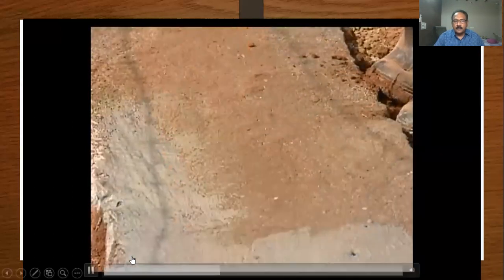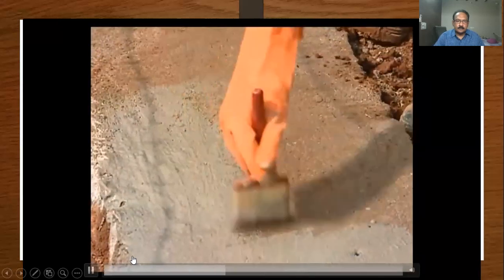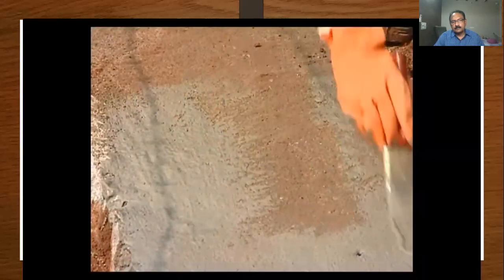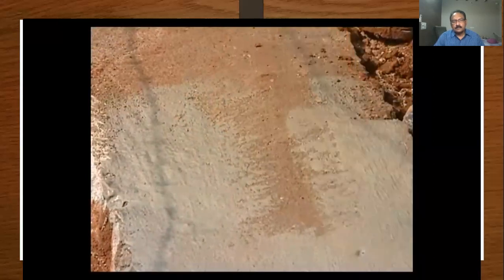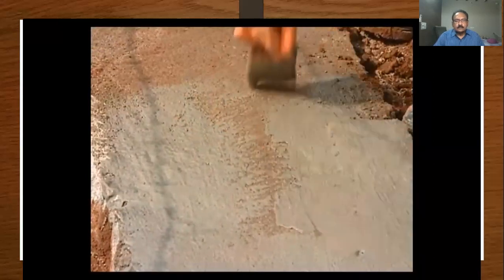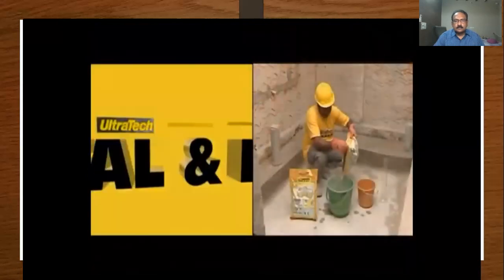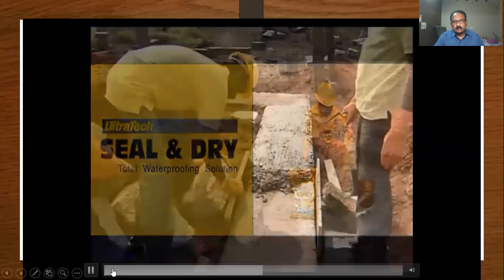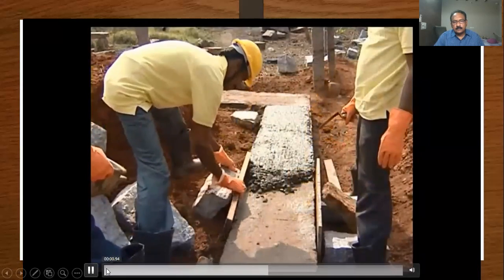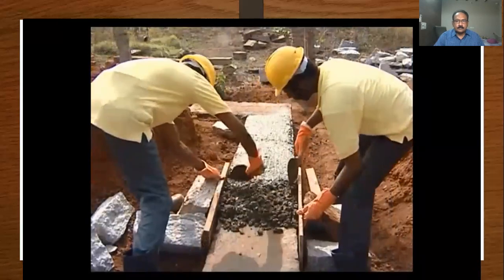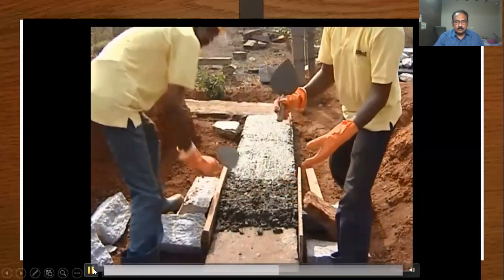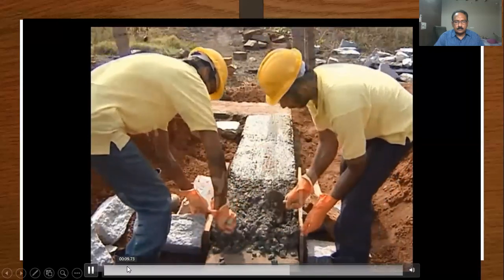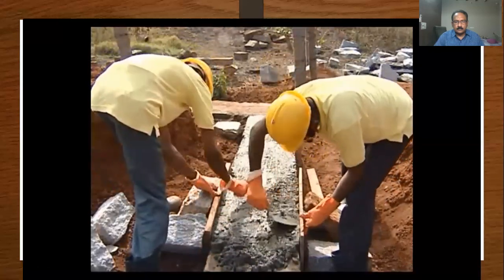After hardening of the concrete layer, a thin layer of Seal and Dry, which is a cement-based waterproofing compound from Ultratech or any other similar material, has to be applied in 2 coats perpendicular to each other with a gap of 4 hours between the coats. For application of Seal and Dry, we may refer to our video on waterproofing. The damp-proof course shall be laid to the full width of the walls and the edges shall be straight, even, and truly vertical. The DPC should be laid at such a height that it is above the normal level to which water splashes from the ground when it is raining.